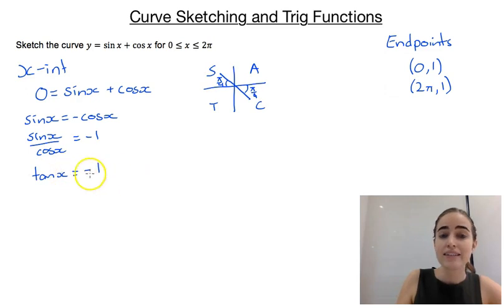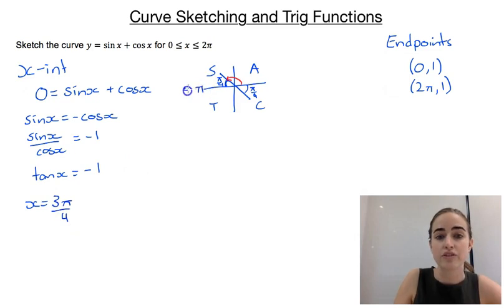So that means if this here is pi on 4, then this angle round here would be 3 pi on 4, because we know that this line is pi, which is equivalent to 4 pi on 4. We know that this over here is 2 pi, and that's equivalent to 8 pi on 4. So coming all the way around to this line, that would give us an angle of 7 pi on 4. So these are our two x-intercepts.